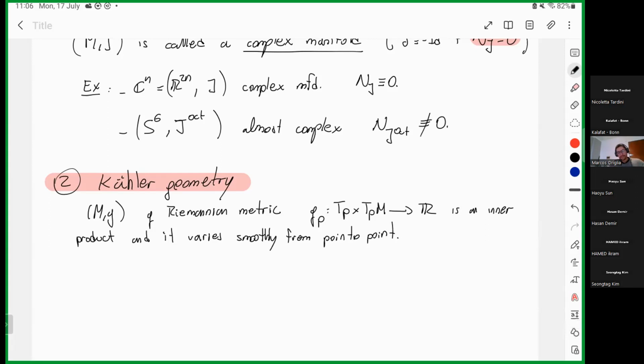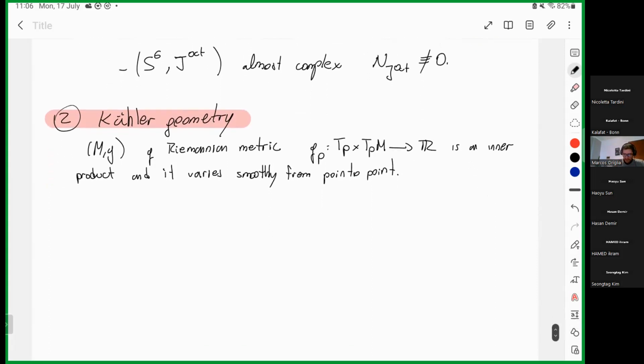Now we want to make a compatibility between the complex structure we already defined and the metric we are talking about. That's where Hermitian geometry appears.